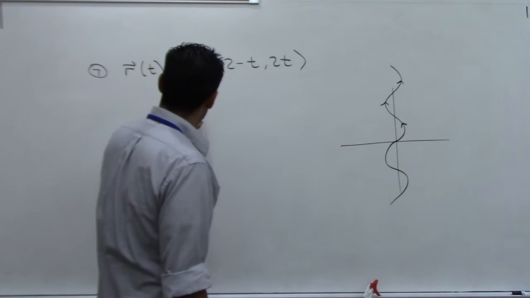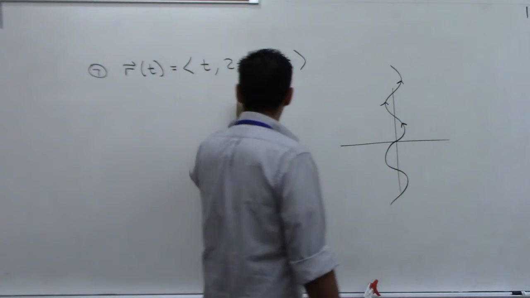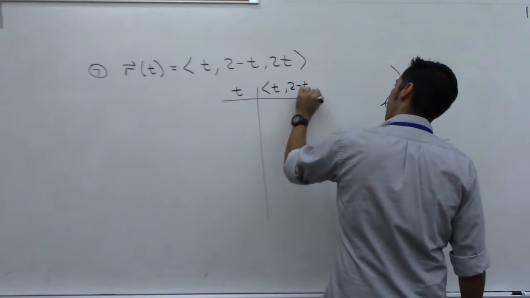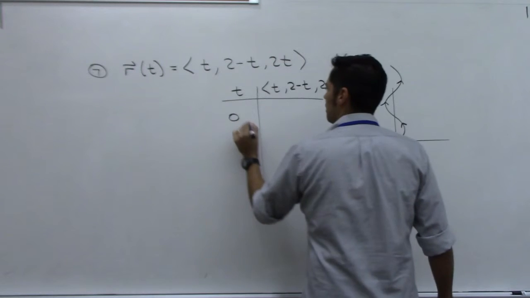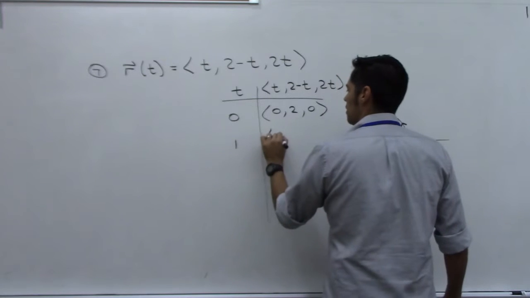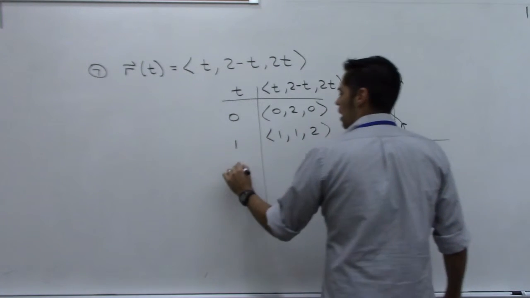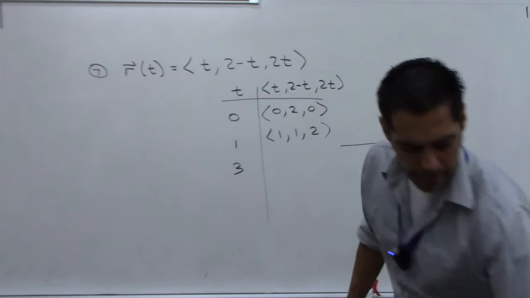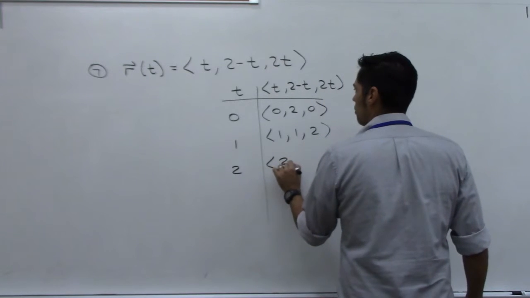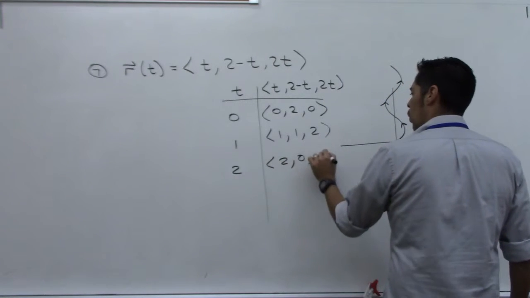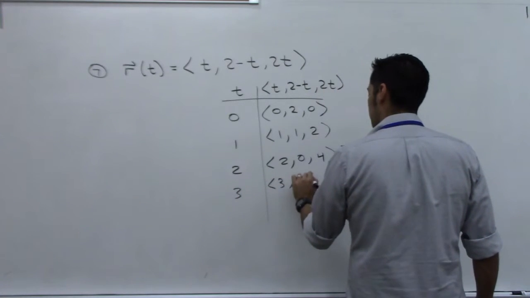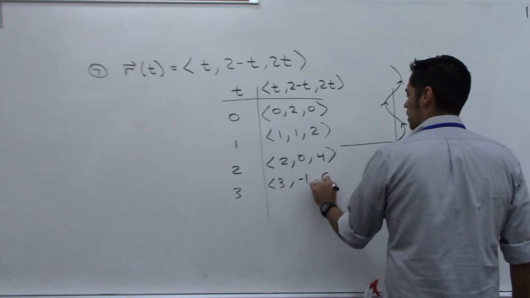All right, so for this one, again, I can make a table. And let's start at 0 this time. 0, 2, 0, and then 1, 1, 2, and then 2, 0, 4. 3 would be 3, negative 1, 6.